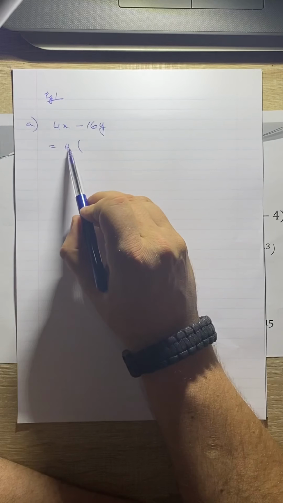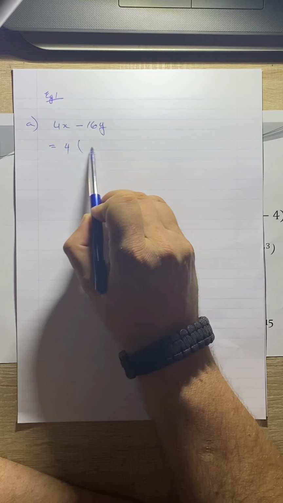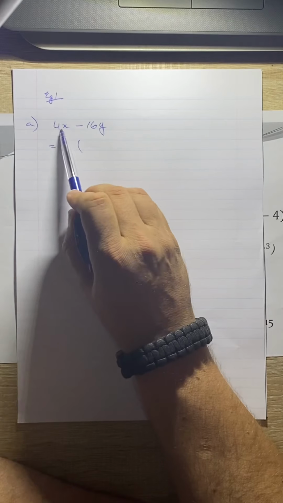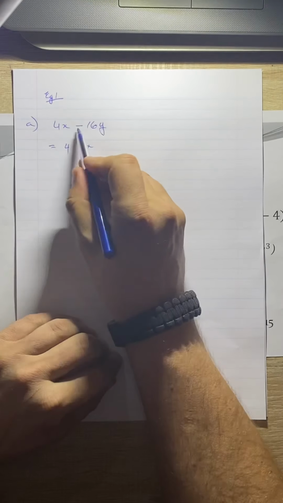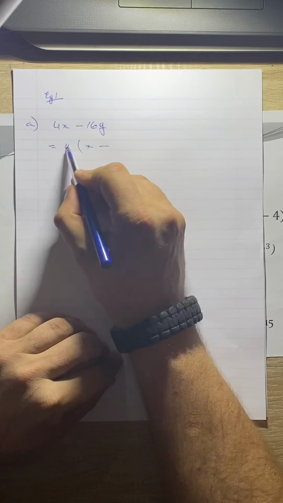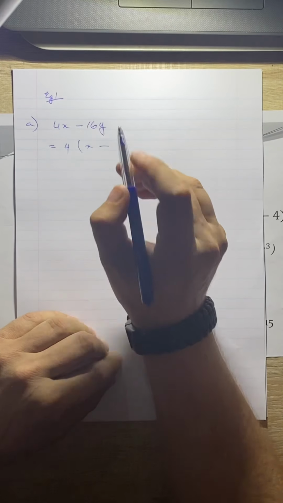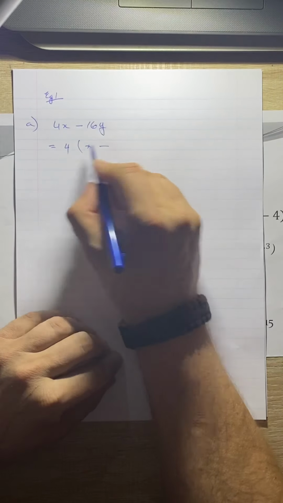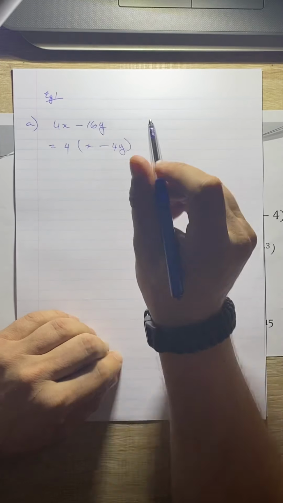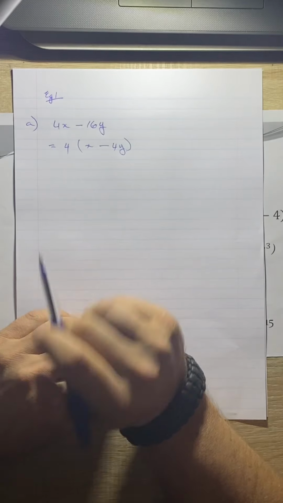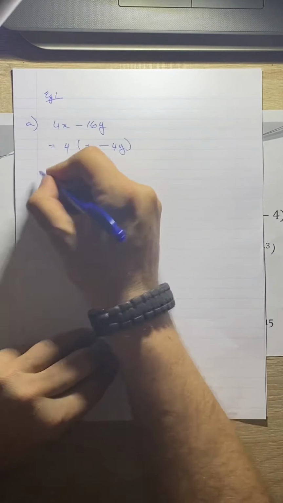Then I say to myself, 4 times what will give me 4x squared? Well, it must be an x. Then we bring down the negative. 4 times what will give me 16y? Well, 4 times 4 will give me 16, and I need the y. And there you go. We have factorized that by taking out a common factor.